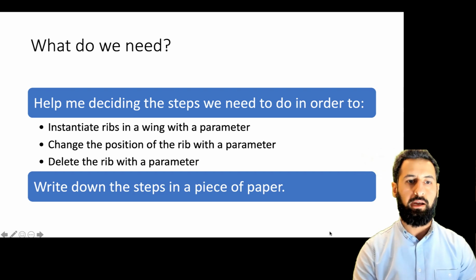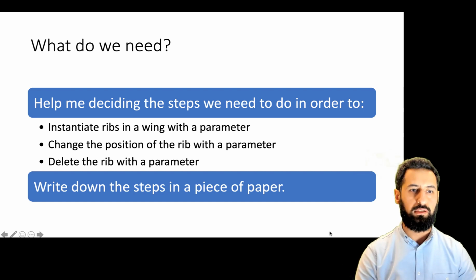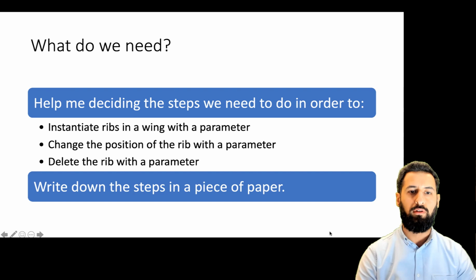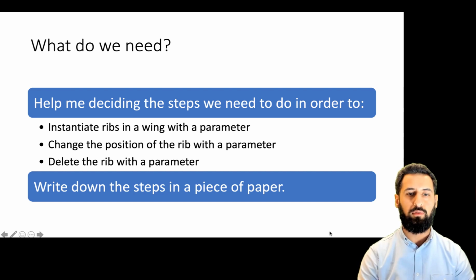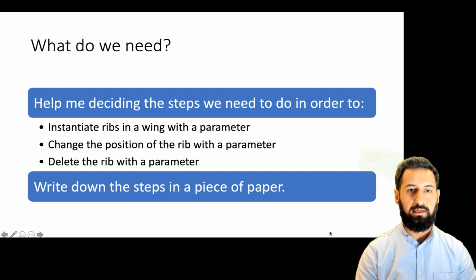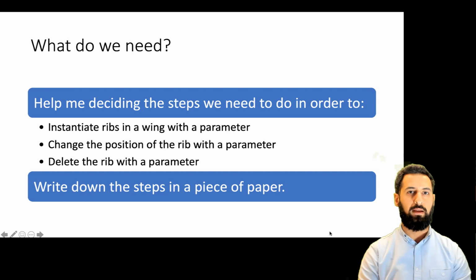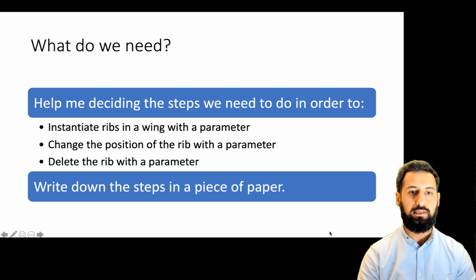So help me decide the steps needed in order to instantiate ribs in a wing with one parameter, change the position of the rib with a parameter, and then delete the rib with a parameter. So write down these steps on a piece of paper and see what you come up with. And as I said before, just think about the manual steps that you would have taken in order to do this.